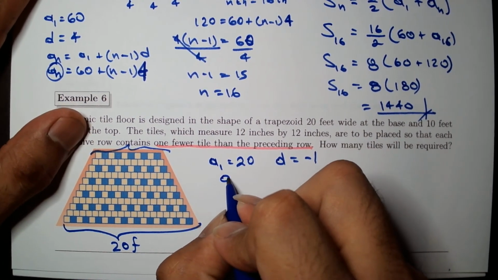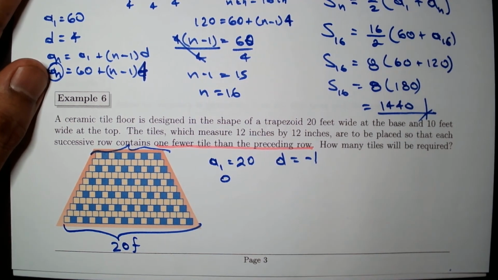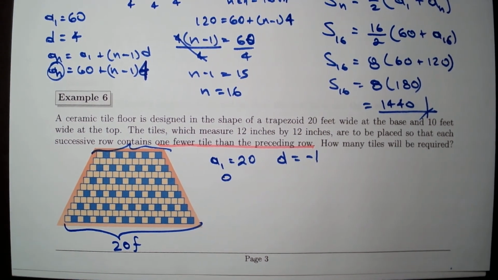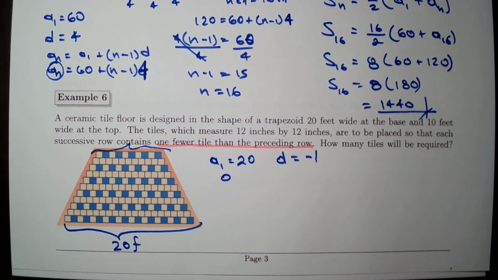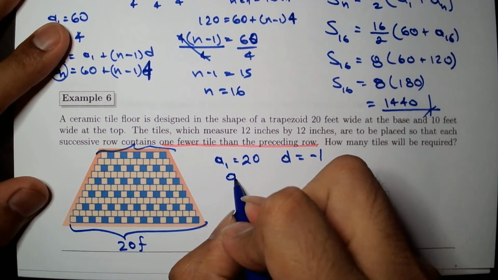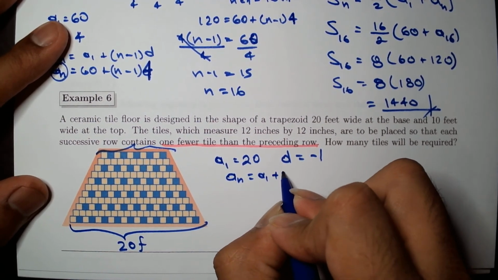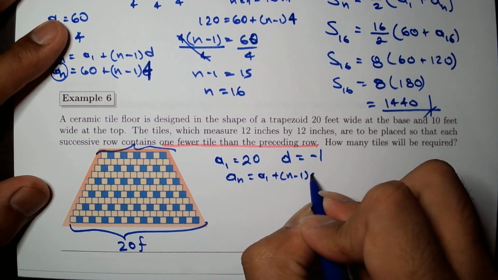So let's see. In this case, what do we need to know? We need to find the sequence, a sub n equals a sub 1 plus n minus 1 times the common difference.